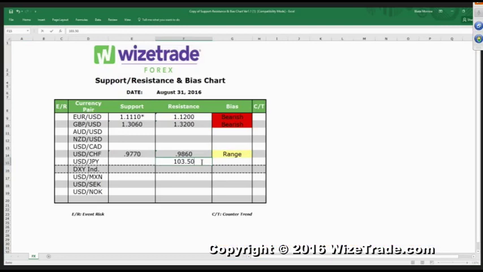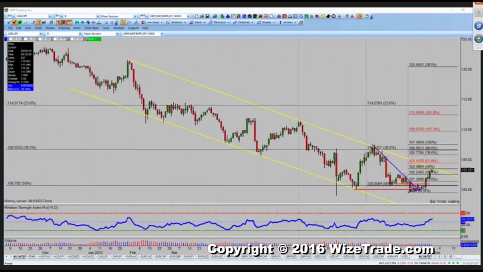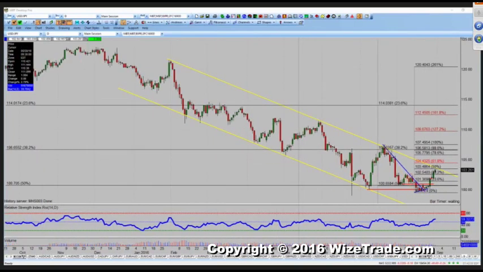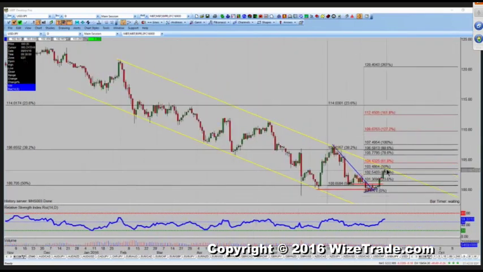So 103.50. If we do get a strong ADP jobs report, I'm going to sell the strength in the dollar yen. I think this is going to be really key resistance up here. Because look at it, we're in a bearish trend. From a risk reward perspective, I'd rather be short here than short here.